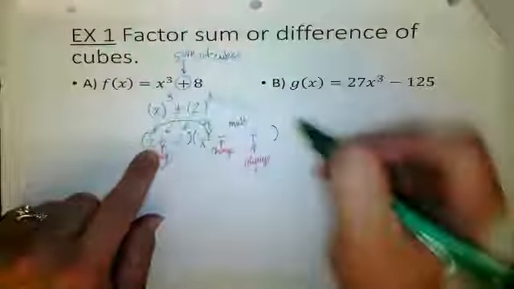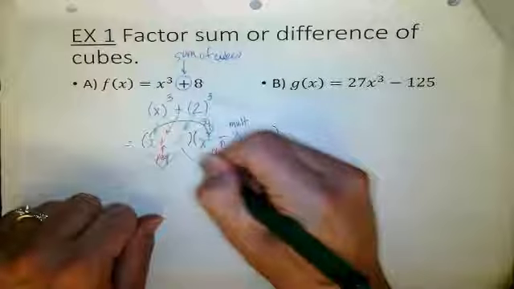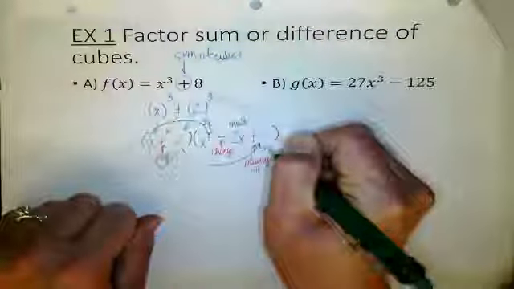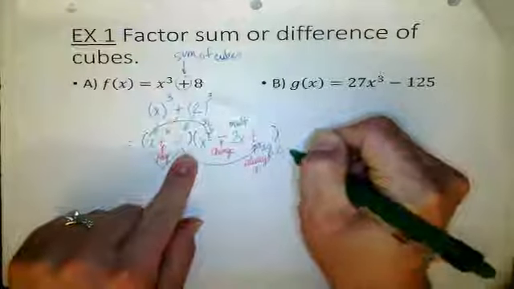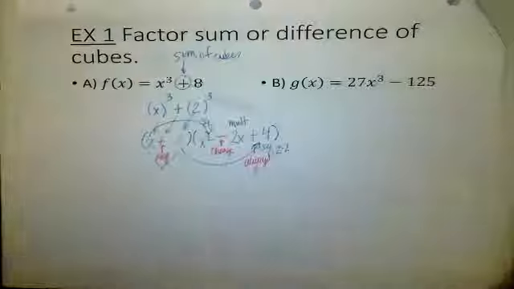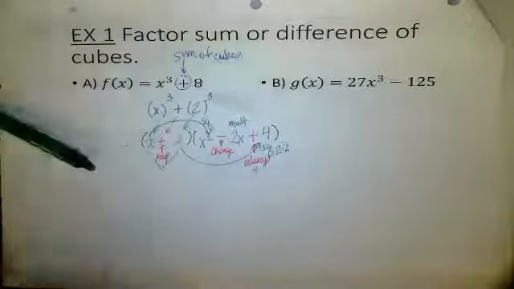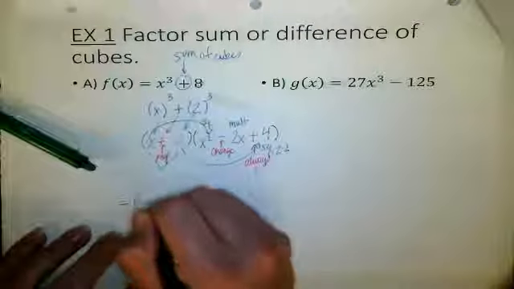So 2 times x gives me 2x. And then we're going to square the last thing. So 2 times 2 is 4. That's it. So the big bubble: square the first, multiply in the middle, square the last. That's all it is. And it goes super fast once you learn it.